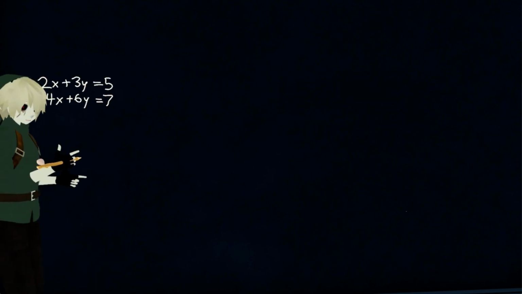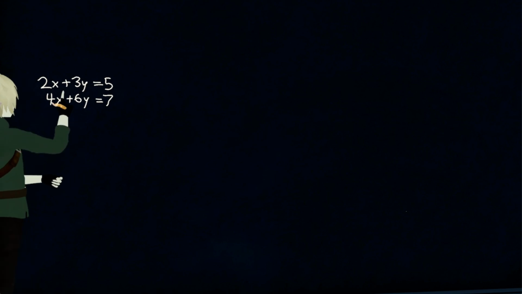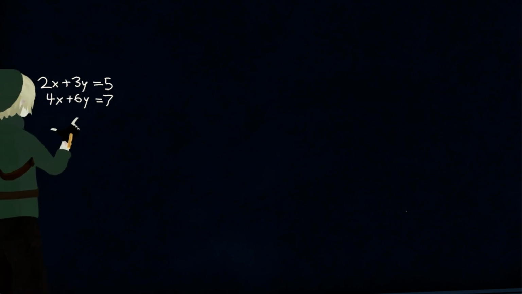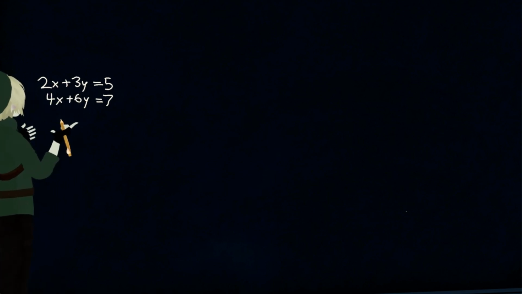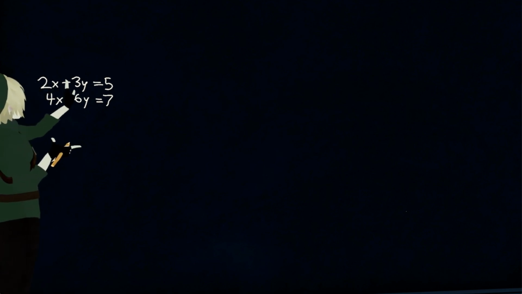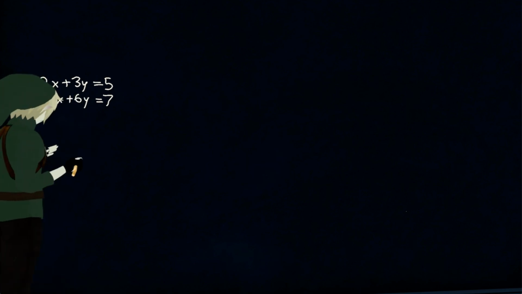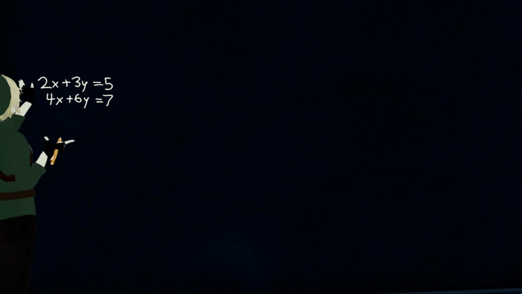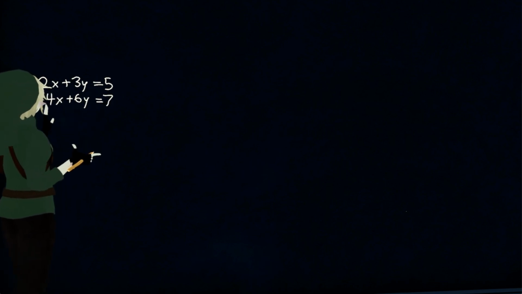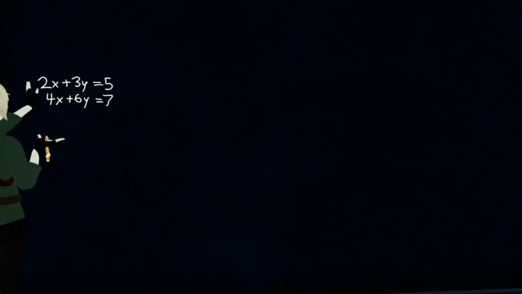So we have this example. Okay, we have this. So again, we want to cancel out one of the variables. To do that, I'm going to multiply this whole equation by -2, so that -4 cancels out with this 4 when we add the two equations.